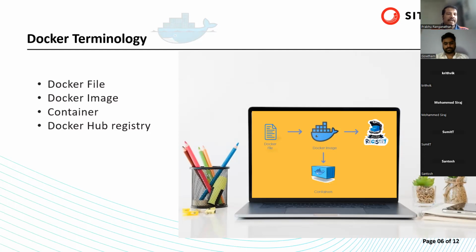Okay. The next one is containers. A container is the actual running instance. You have a local machine which is running your application. What you have done is create the Dockerfile and put in all the instructions to take all the information from your local machine. Then you build it, and when you build it, it creates the Docker image.